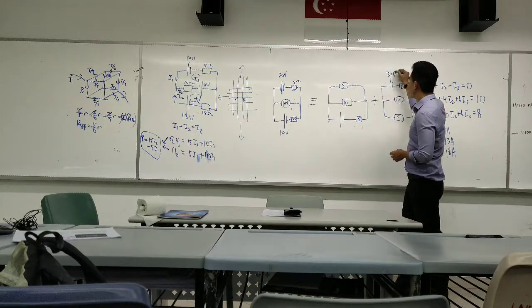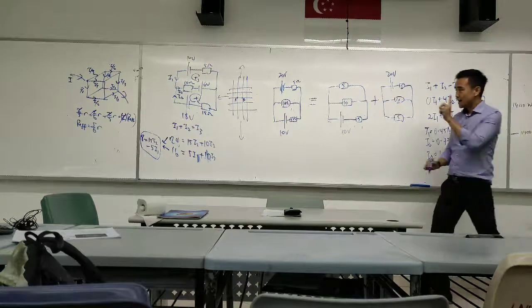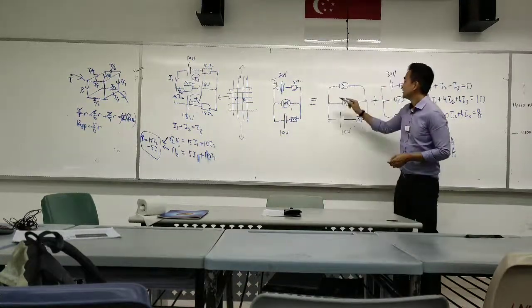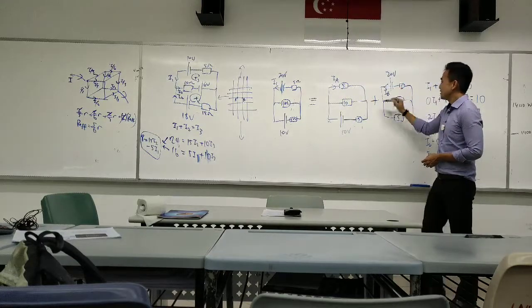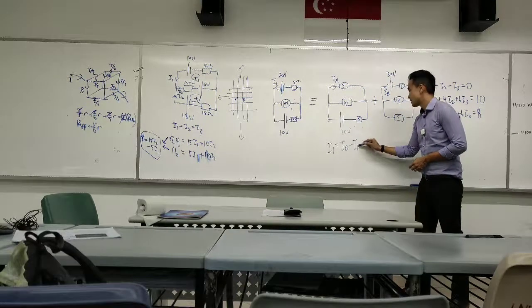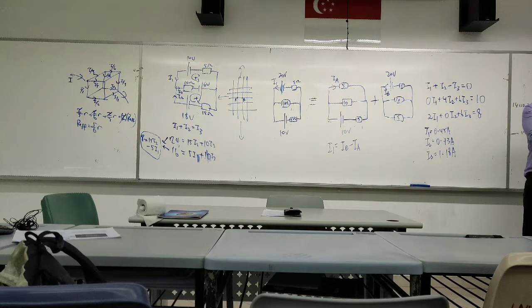This is 20 volts. This is 10 volts. So what you need to do to find, say for example, I1 is to find IA, IB, and I1 will be equal to IB minus IA. That means you literally superpose the two together.